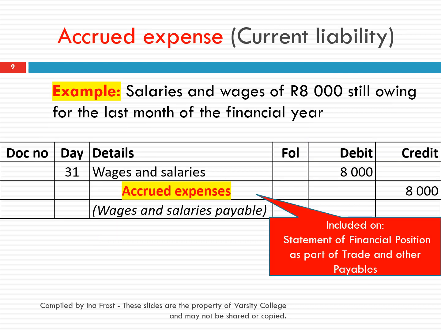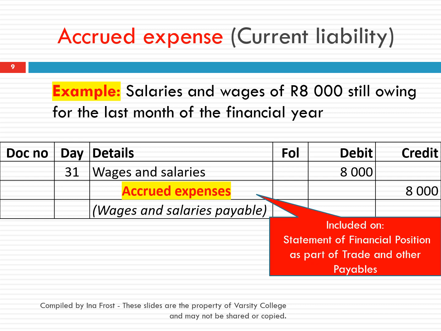The first general journal entry that we're going to look at is the one that we'll do for accrued expenses. An accrued expense is an expense that you still need to pay for the current year. So in this particular example, we still need to pay salaries and wages for the last month of the financial year.